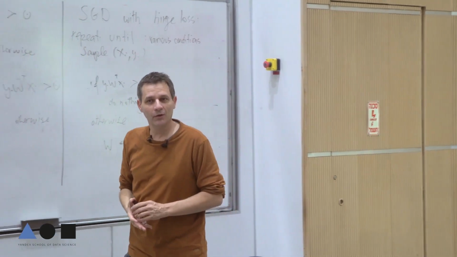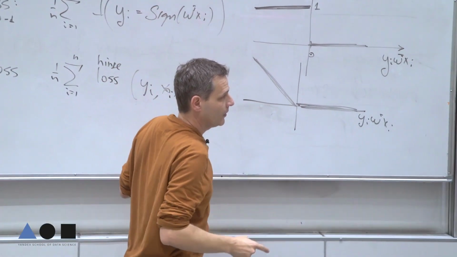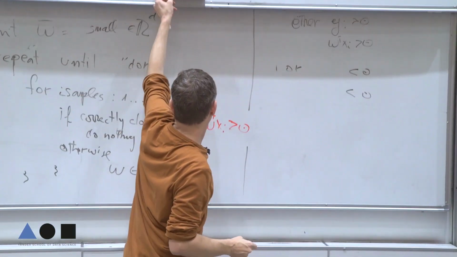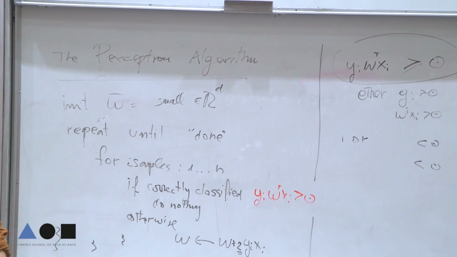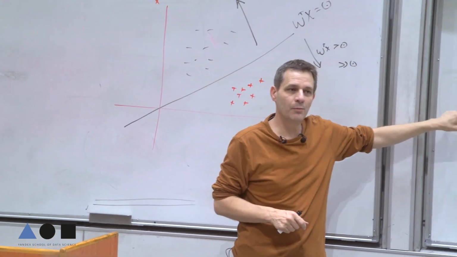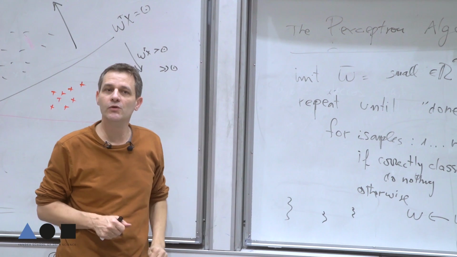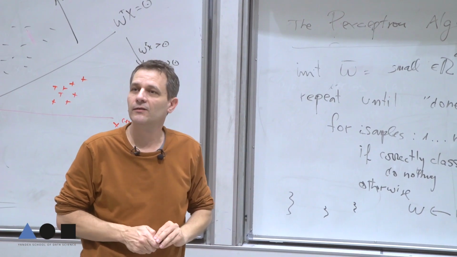Now I'm sure you have noticed that this algorithm actually resembles the Perceptron algorithm. And I think this is a really nice result, because when the Perceptron algorithm was introduced, it was not defined in terms of stochastic gradient descent.